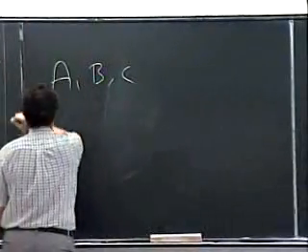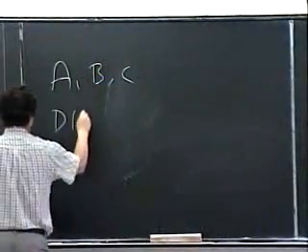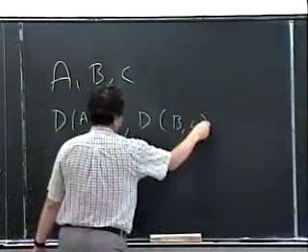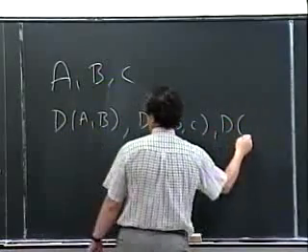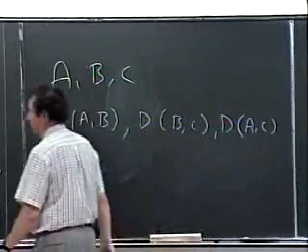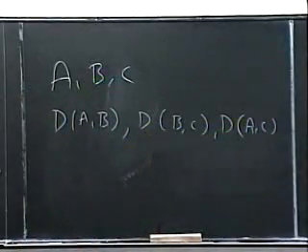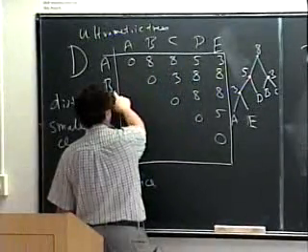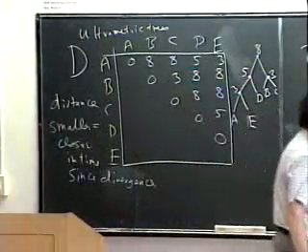ABC. And if I look at DAB, DBC, and DAC, what do I have over here? DAB is 8, DAC is 8, and DBC is 3.